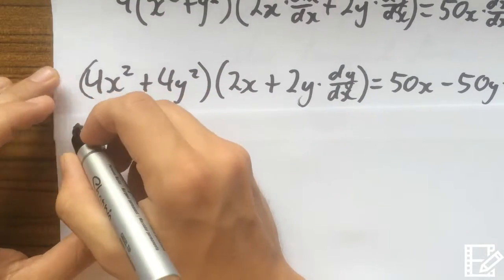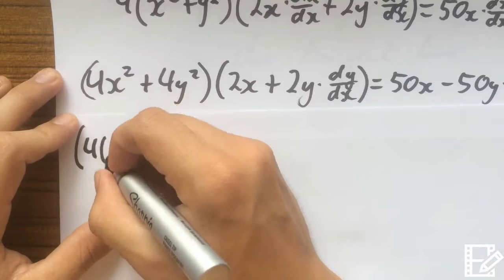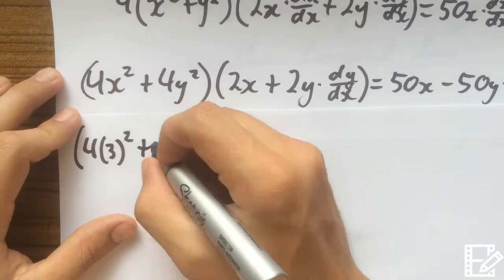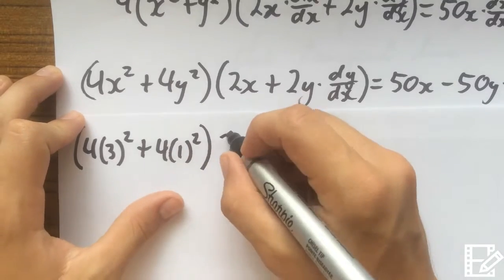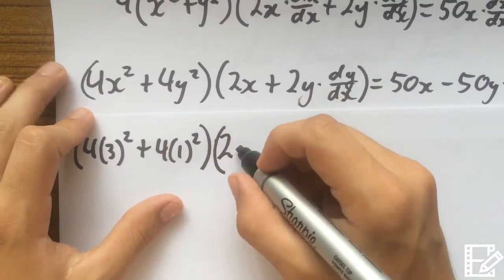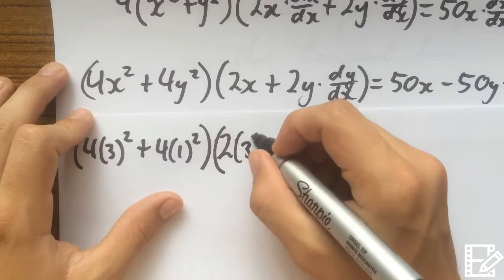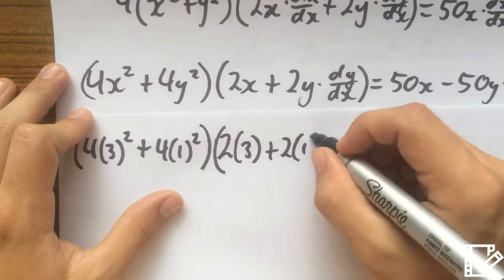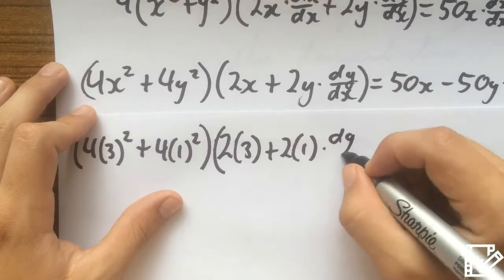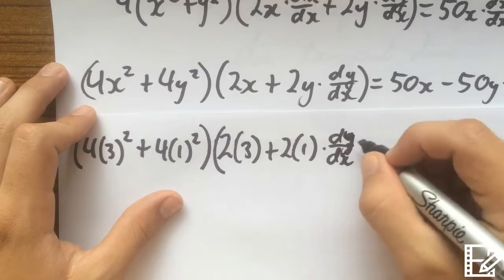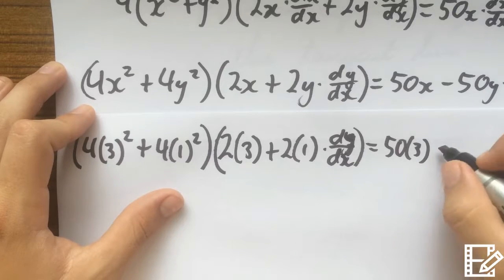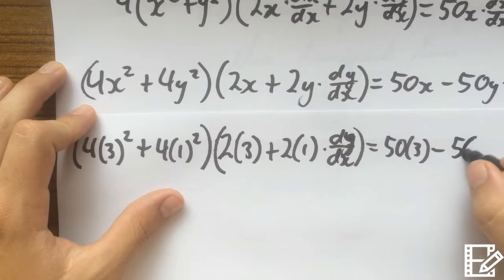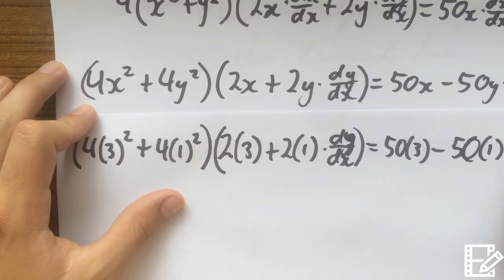Therefore, we're going to have 4 multiplied by 3 squared, plus 4 multiplied by 1 squared, times (2 multiplied by 3 plus 2 multiplied by 1 multiplied by dy/dx) equals 50 multiplied by 3 minus 50 multiplied by 1 multiplied by dy/dx.